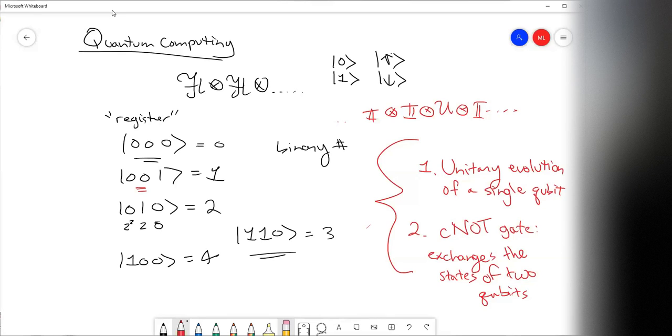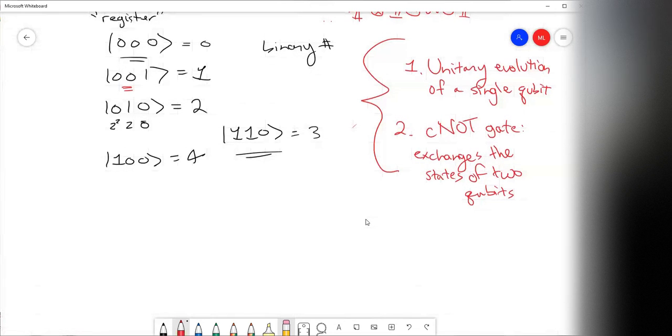Now, there may be very many of them, but this is all you ever need. So that's all you ever need to understand: a unitary evolution of one of these, and then the exchange thing. I'll talk about the CNOT gate in a moment.